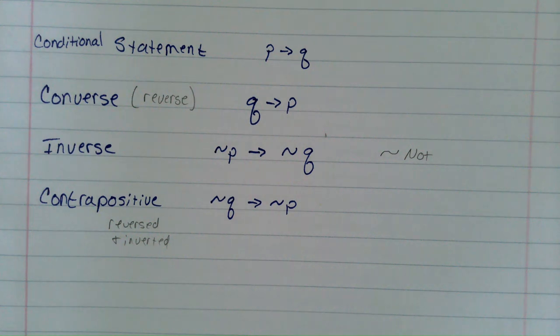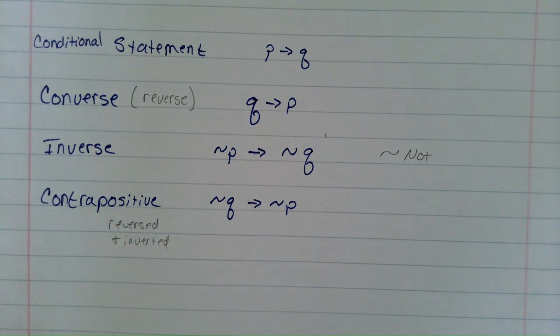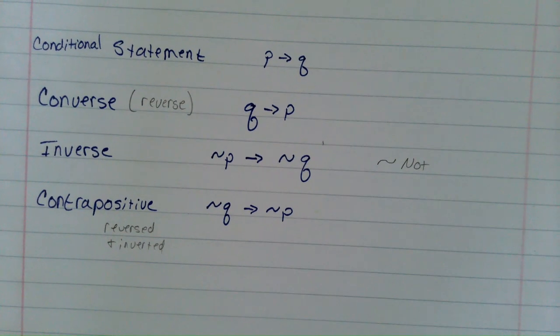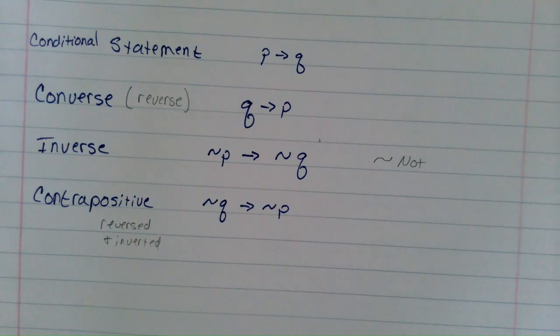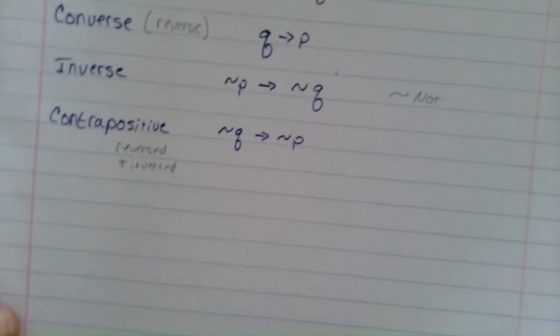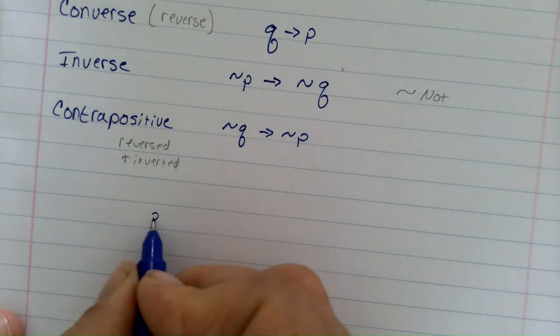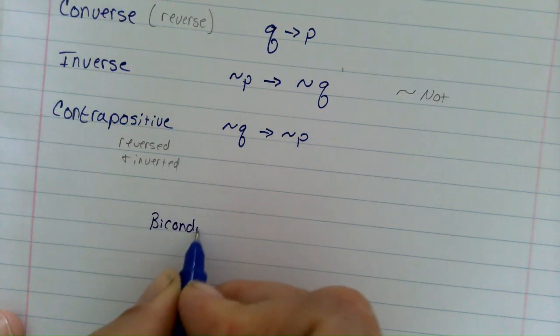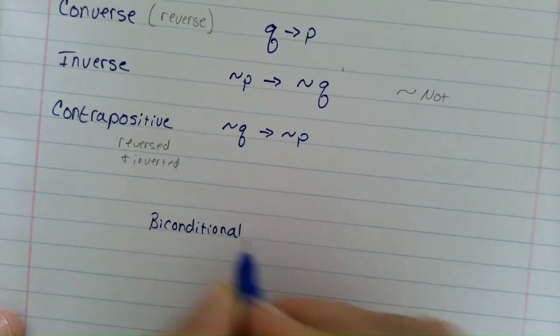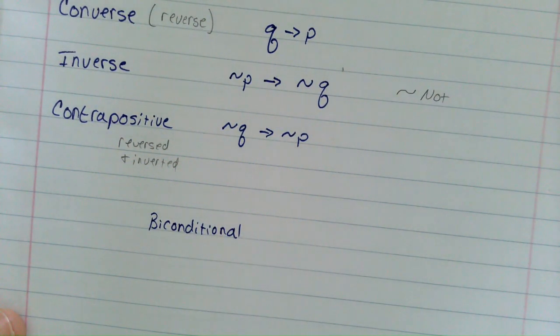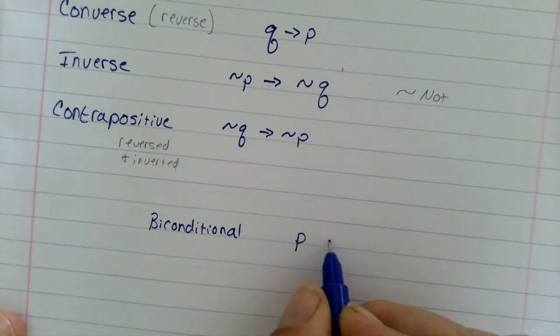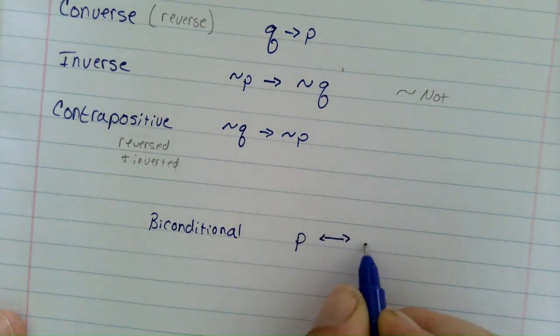Okay? So we're going to look at one of these, okay? And remember, if you have something that's biconditional, okay, biconditional, that means you're looking at the statement and the converse, both directions, and they'll put that.